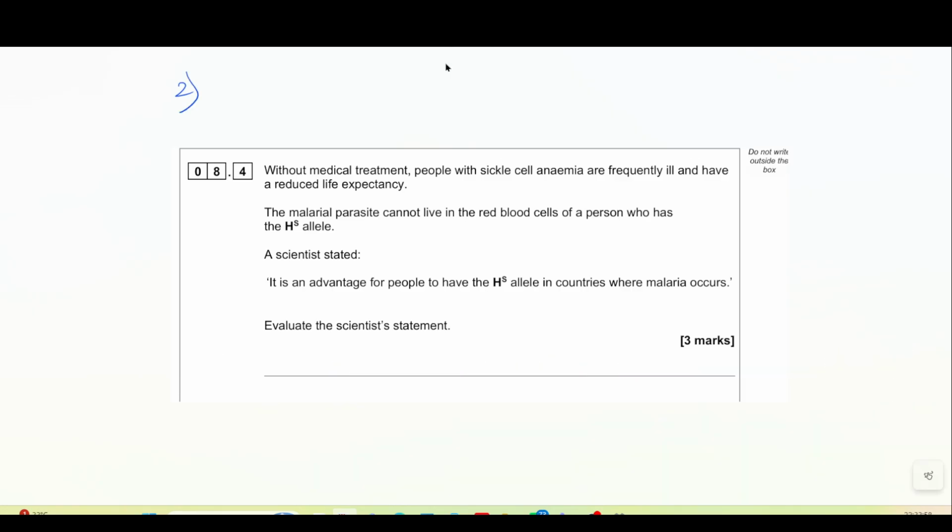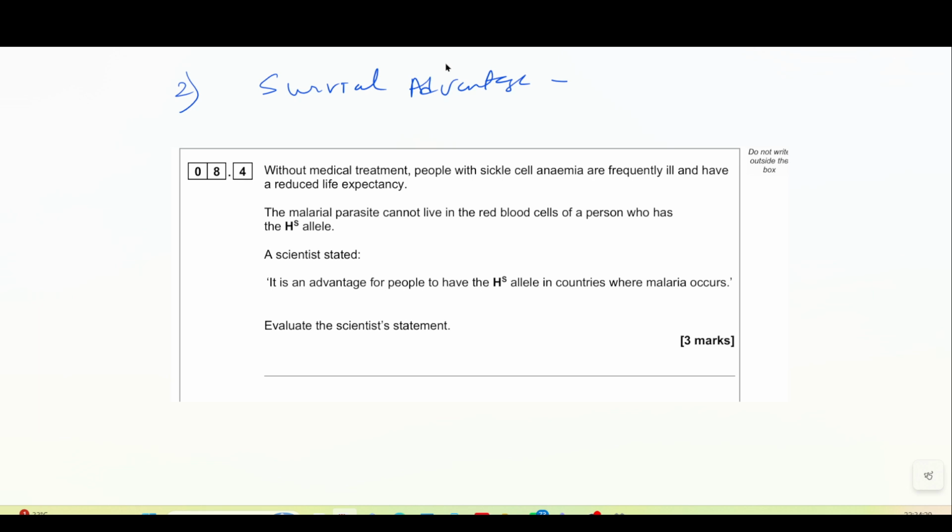Easily. Next advantage is survival advantage. Because in malaria prone regions, those with the trait have a higher survival rate than those with normal hemoglobin, who are fully susceptible to the disease.